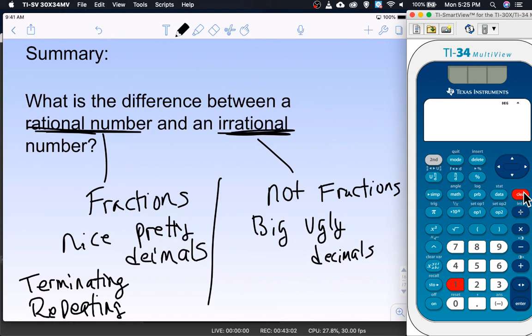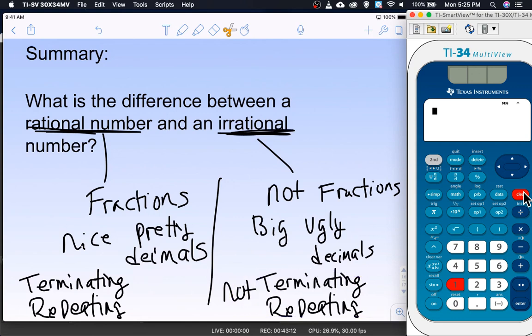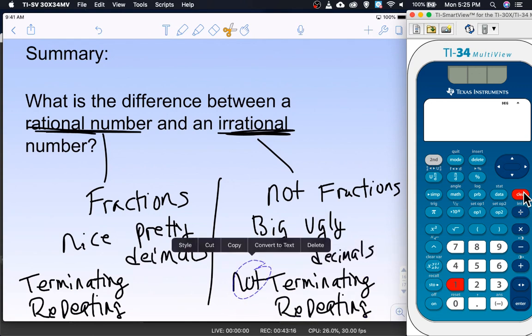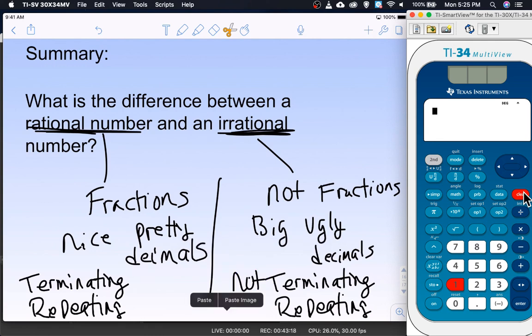Versus irrational numbers, they are not terminating or repeating. So I'm going to cheat. Copy, paste, not terminating, and not repeating.